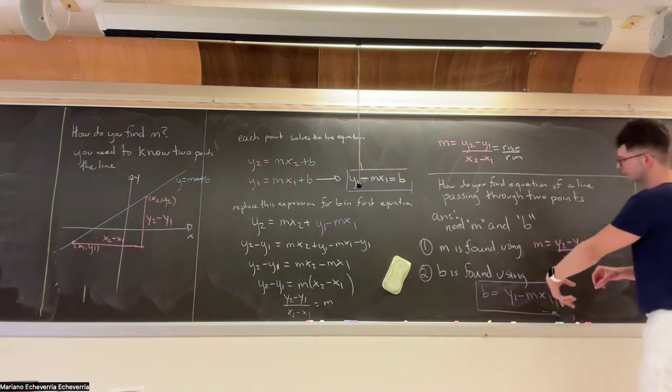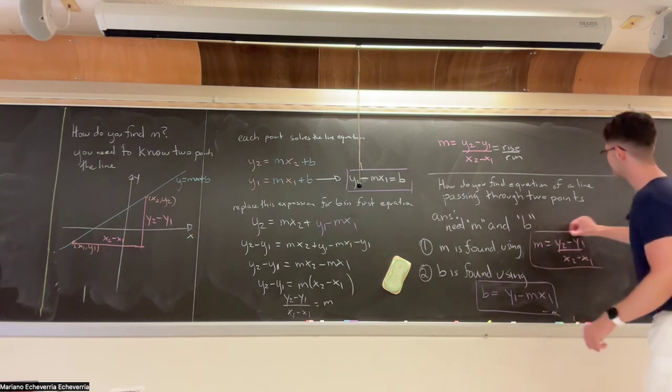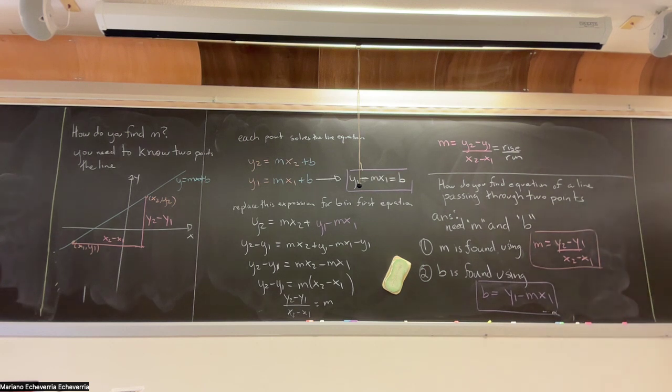But for this formula to work, you need to find m first. So you always find the slope first, and after you've found the slope, you can find b.